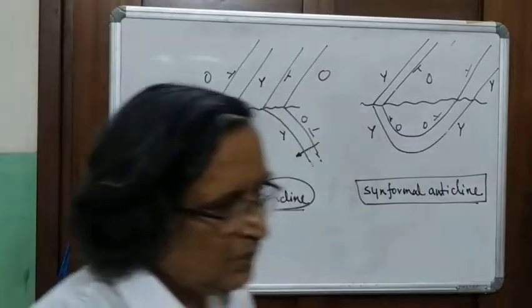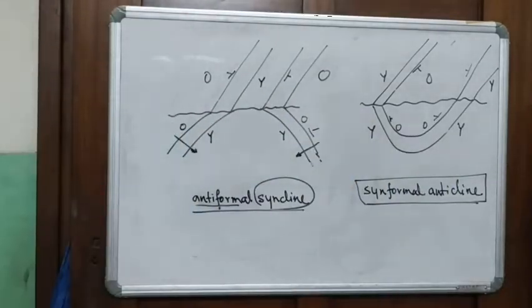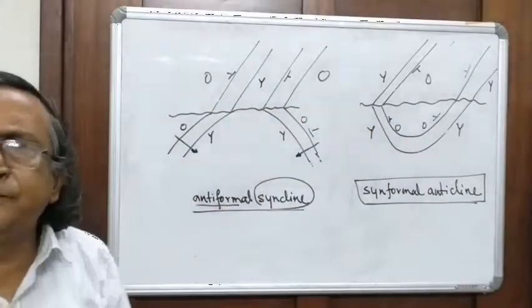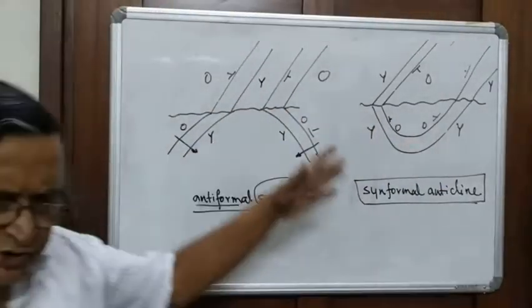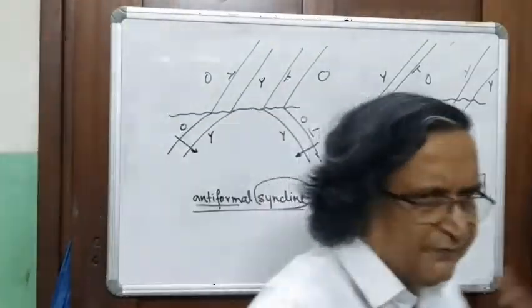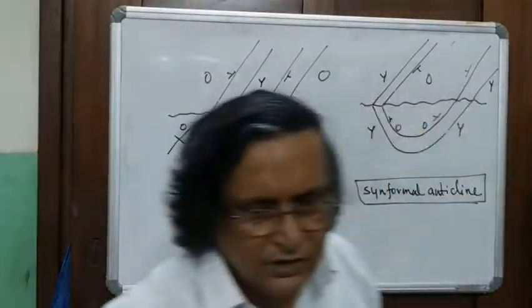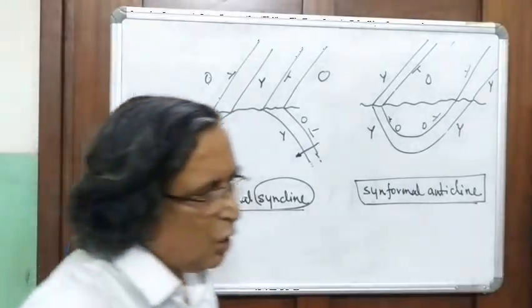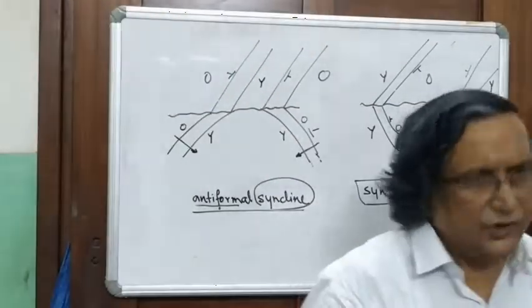Right? So now I think I have given you a reasonable first order description of folds, how they look, and some of the important connotations of it. But now we need to switch over to something called faults.